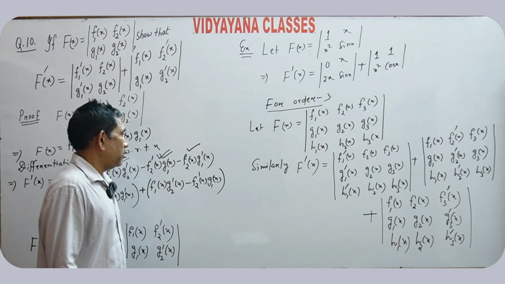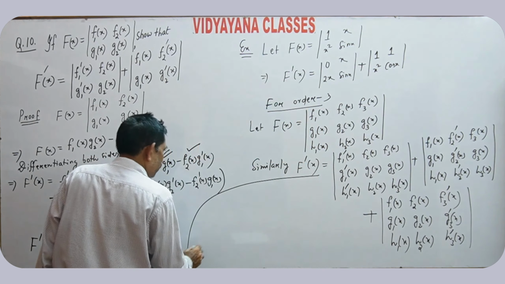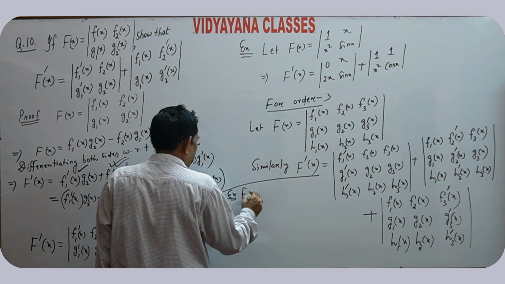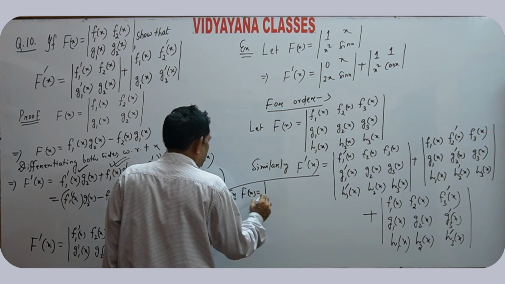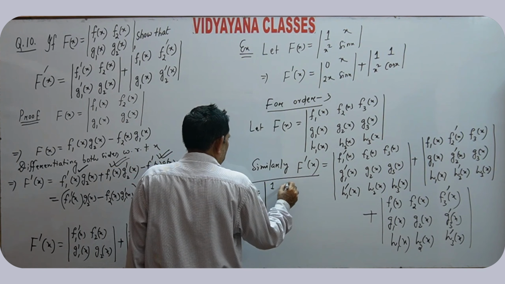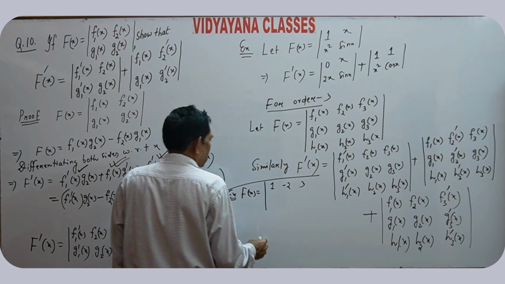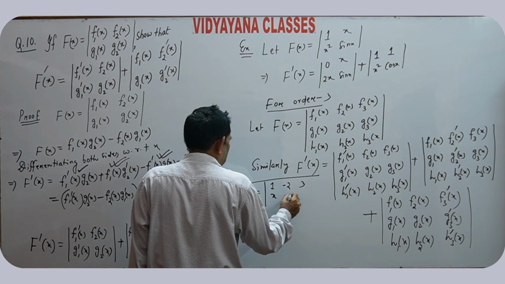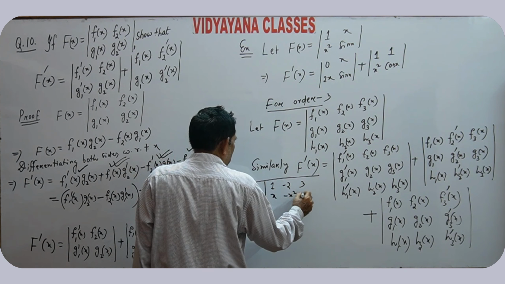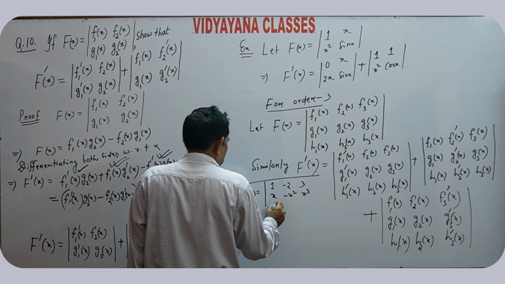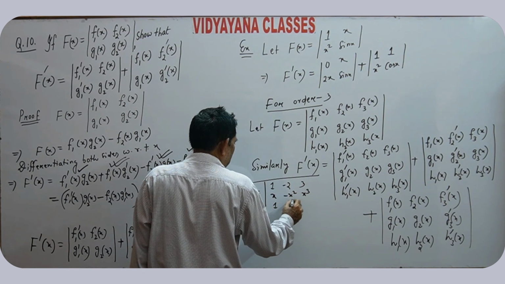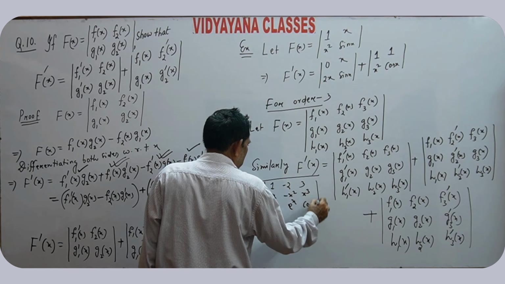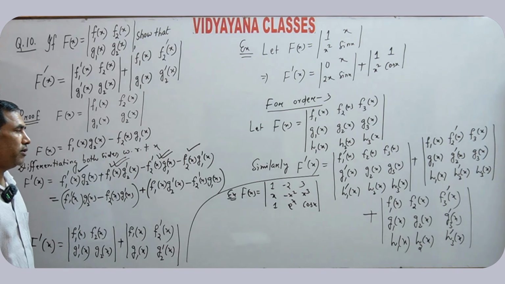Clear? For example, capital F(x) is equal to the determinant having elements 1, minus 2, 3, x, minus x square, x cube, 1, e to the x, cos x. It is a determinant of order 3.